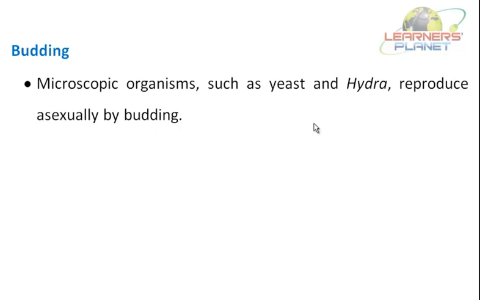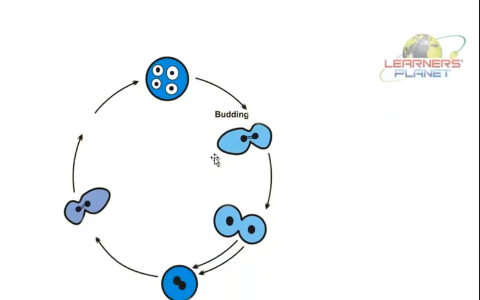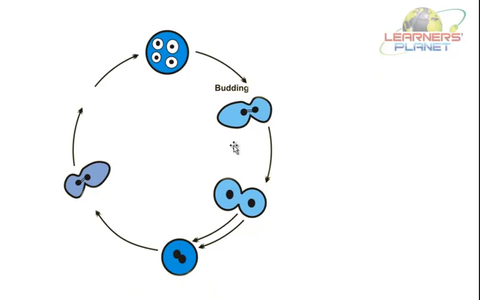Now here yeast is an organism, hydra is also an organism, and they reproduce asexually by budding. So here you can see the beautiful diagram of yeast. This diagram shows the process of budding in yeast.